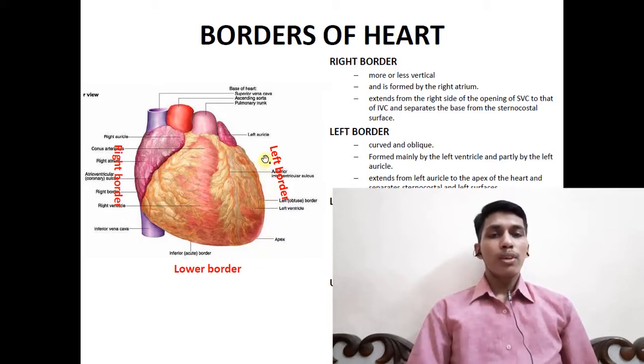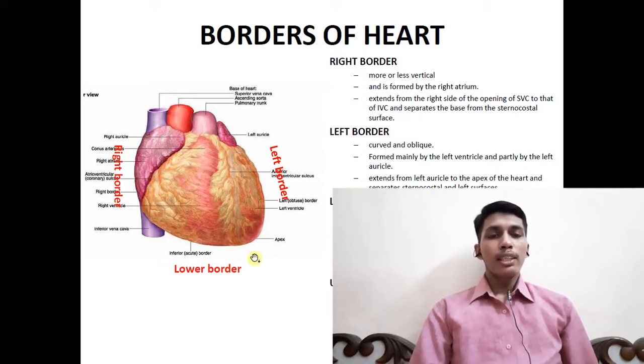So on the left border from above to downward, we find the arch of aorta or aortic arch, then the pulmonary trunk, then the left auricle, and then the left ventricle. In the right border from above to downward, here is the superior vena cava and then the right atrium.